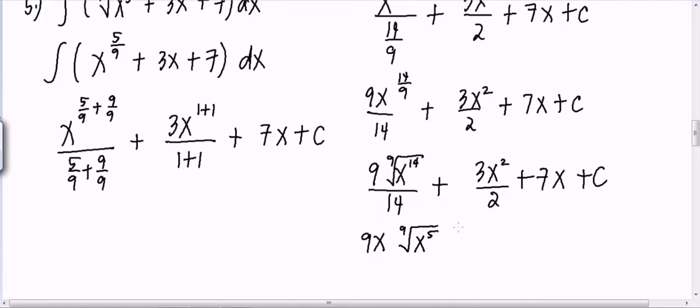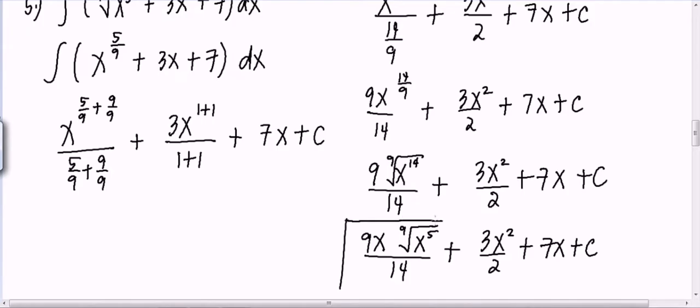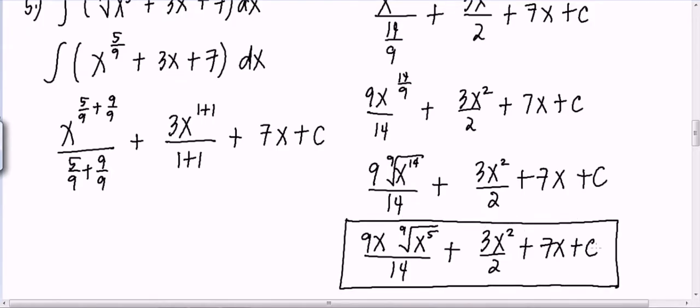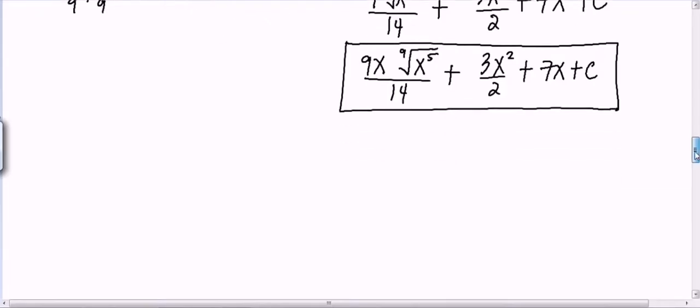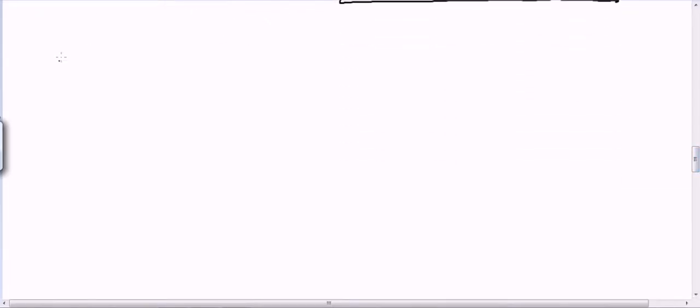Para kayo nagdi-divide. Tapos yung nasa loob yung remainder. Diba? So, merong isang 9 sa loob ng 14. So, makakapaglabas tayo ng isang 9. Yan, x raised to 1. Okay? Tapos, kung ilalabas nyo yung x raised to 9 dito, so, syempre, may matitirang x raised to 5. Okay? Over 14 plus 3x squared over 2 plus 7x plus c. So, this one would be your final answer. Simplified. Okay? Sige, let's have the next example.